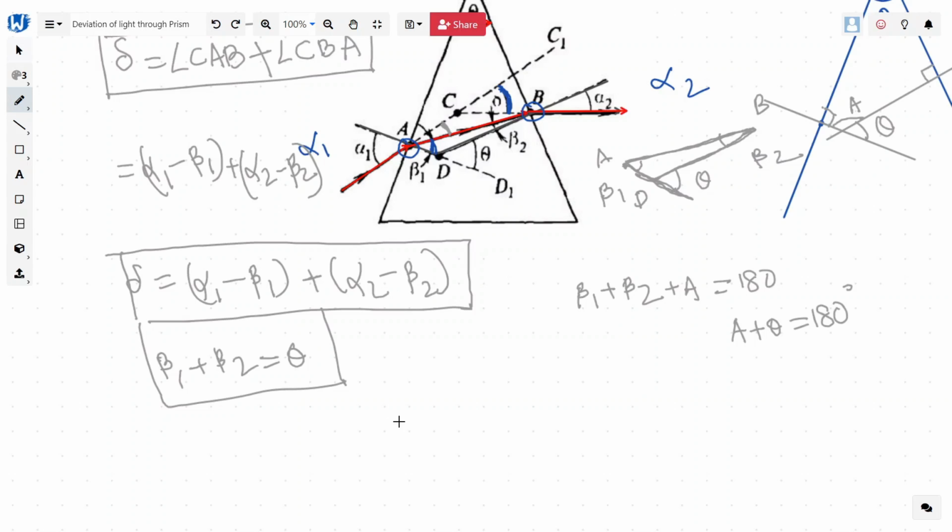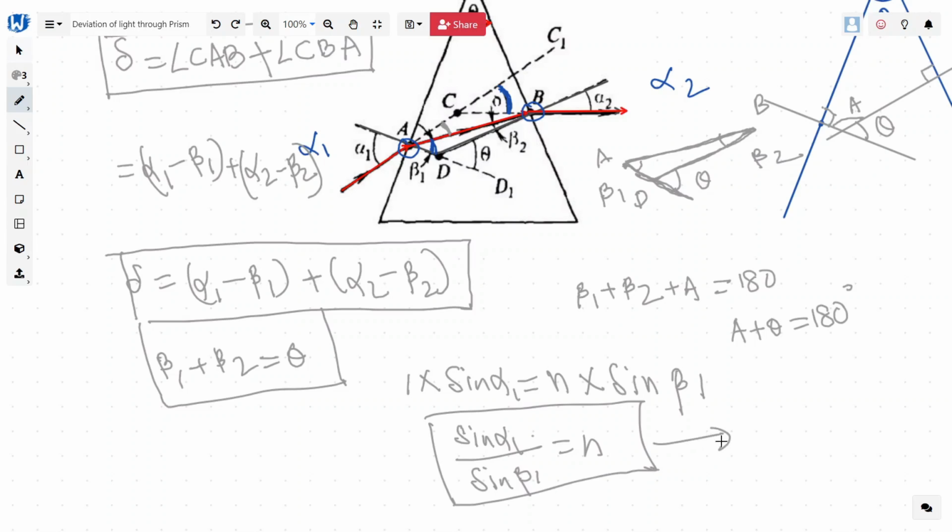The refractive index of air is 1, so 1 times sine of alpha 1 is going to be equal to the refractive index inside the prism, n, times sine of the angle of refraction, beta 1.